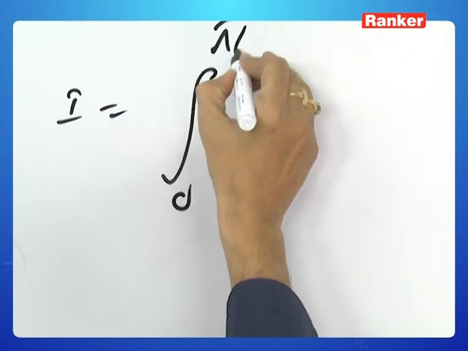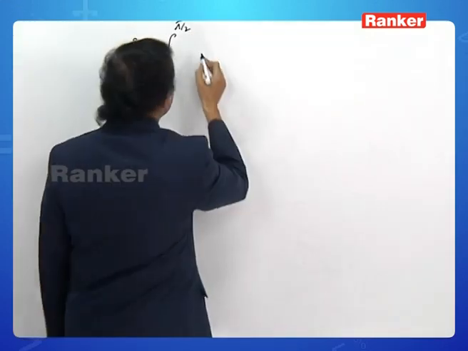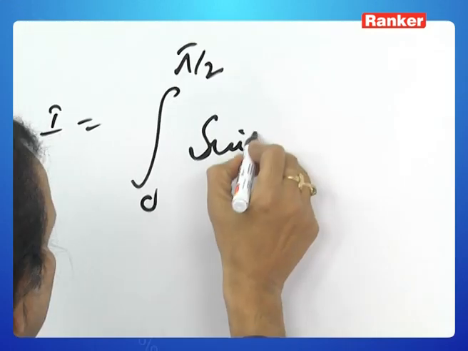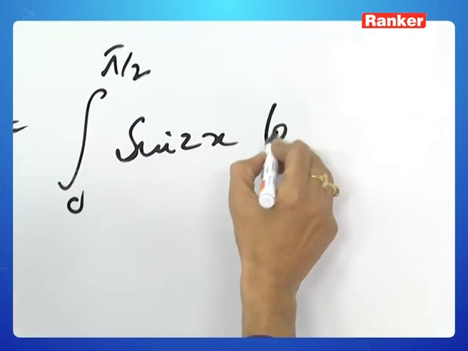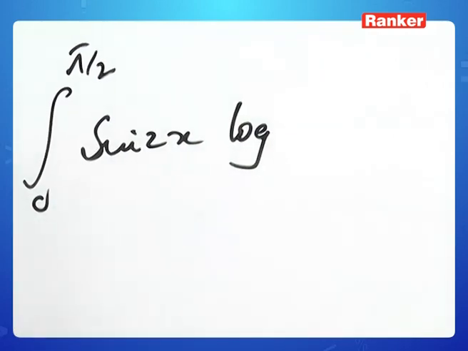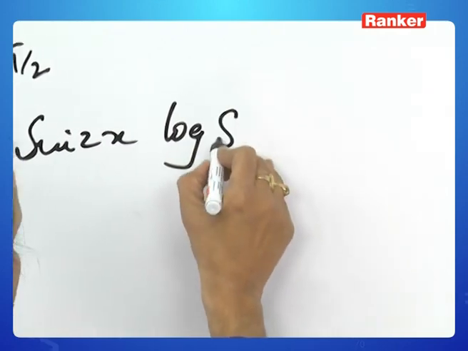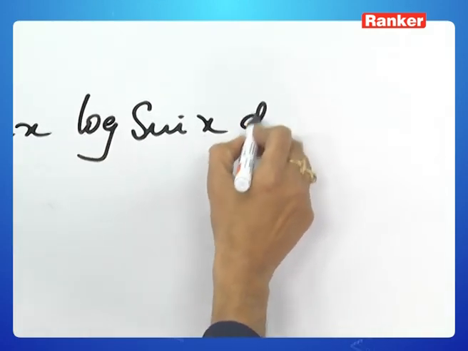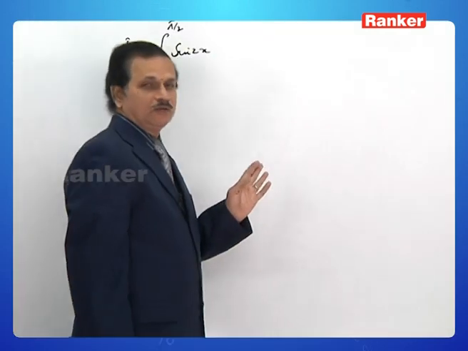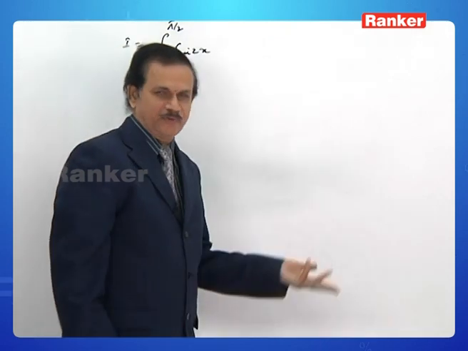Integral 0 to pi by 2 sin 2x into log sin x dx. Sin 2x into log sin x is just like the previous problem.